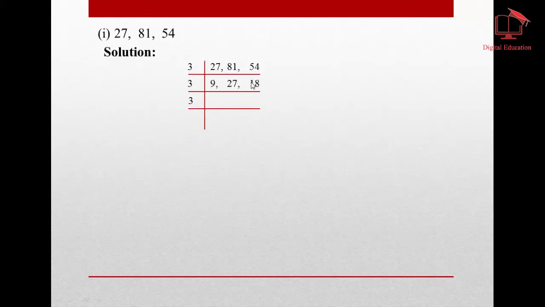Now 3 3s are 9, 3 9s are 27 and 3 6s are 18. Now students, 3 1s are 3, 3 3s are 9 and 3 2s are 6. Now we will stop this process because here we have 2 different numbers and these numbers have no common divider.